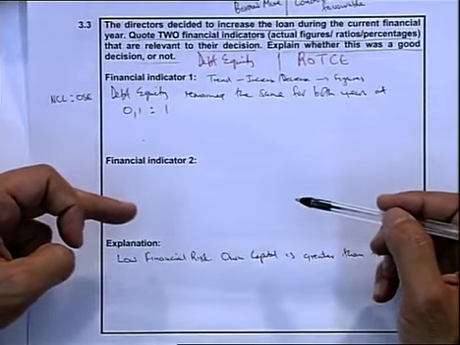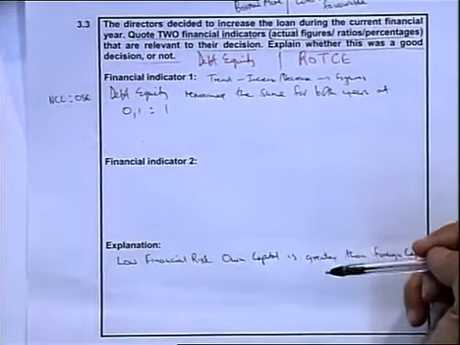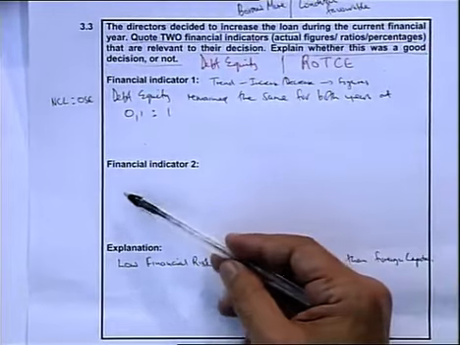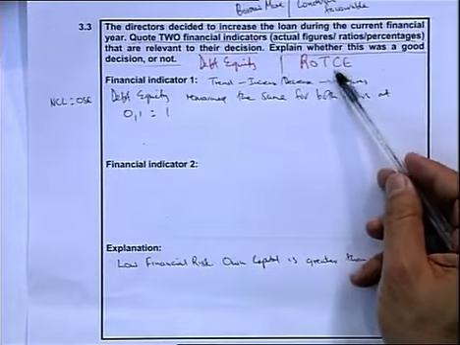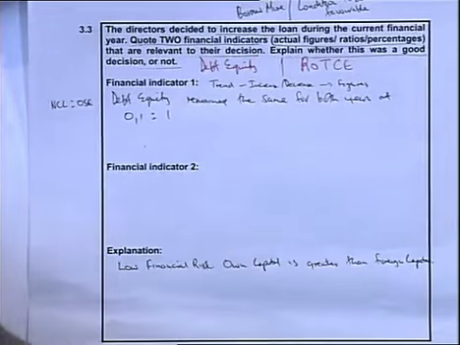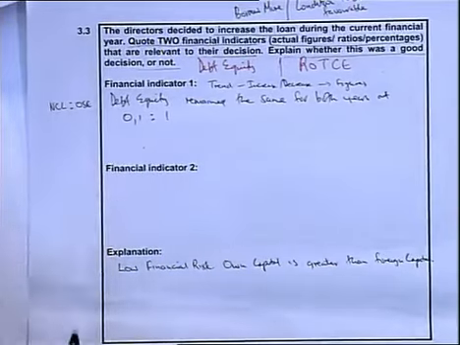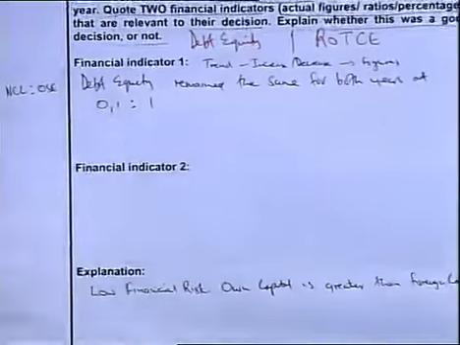Now we have to look at the conditions for the second financial indicator, which is the return on total capital employed. I think we have to calculate that one also.